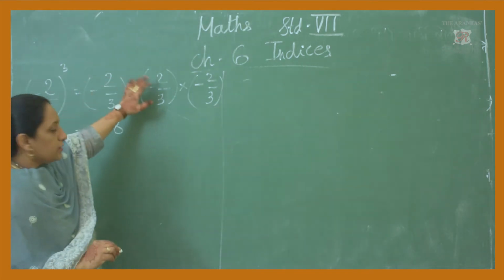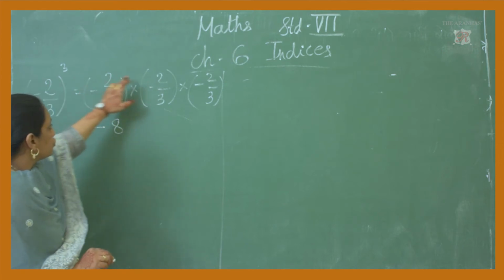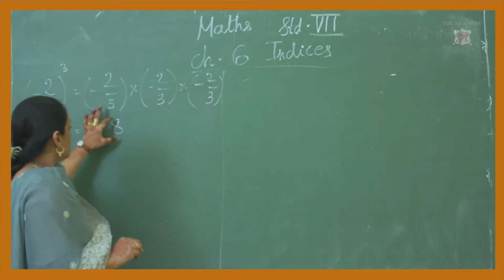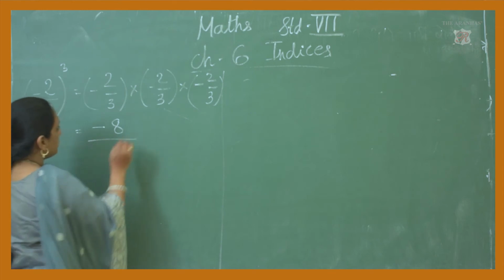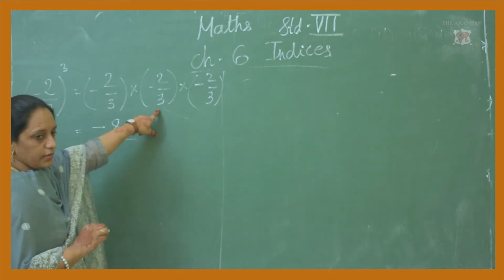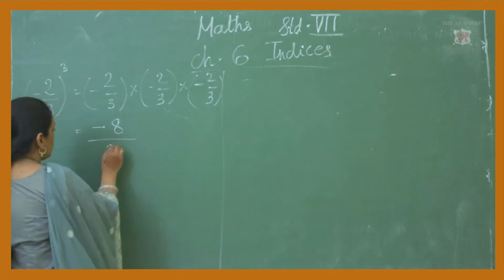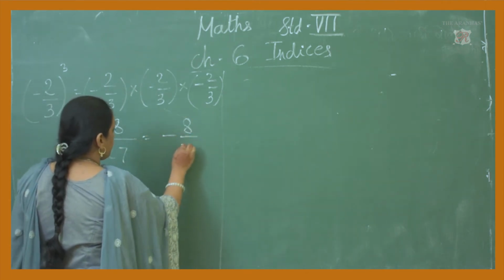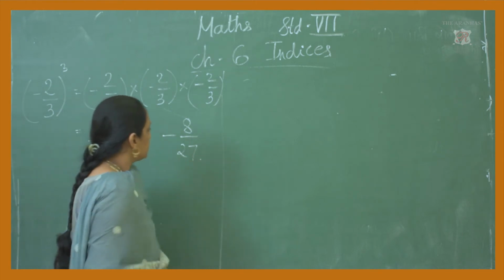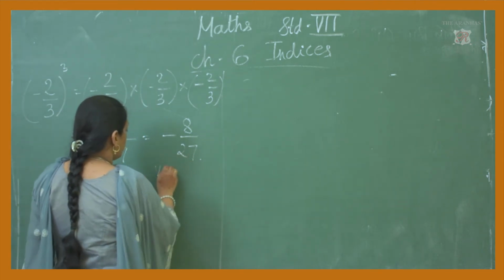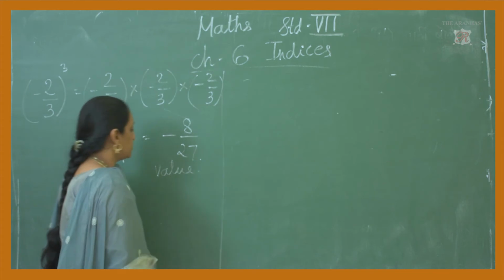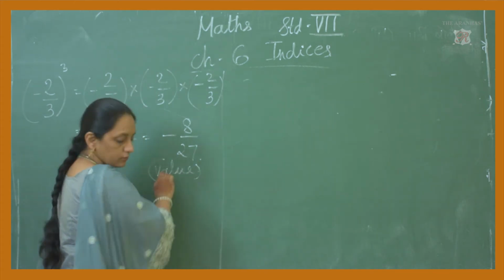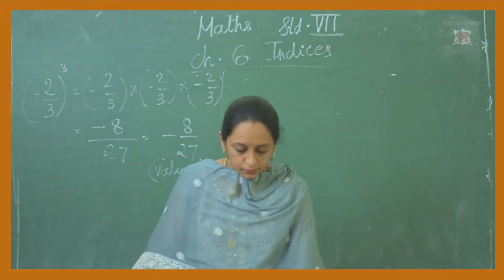Because we are multiplying the numerators. 2, 2 and 2. The answer comes 8. Now multiply the denominator. 3 3s are 9. 9 3s are 27. So the answer is minus 8 upon 27. This is called as the value of minus 2 upon 3 raised to 3. The answer is called as the value.